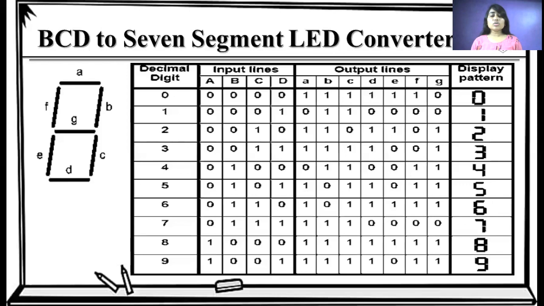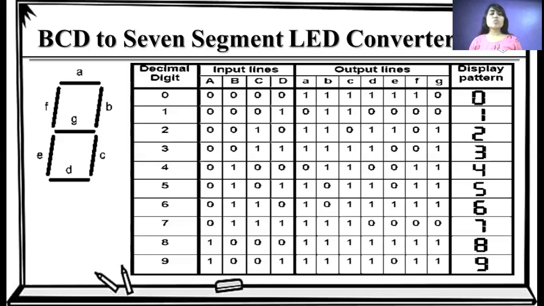For 9, only the E LED is equal to 0, because it must be off for display pattern 9. So for the last input, corresponding to this 9, we have output 1, 1, 1, 1, E is equal to 0, F and G are equal to 1.